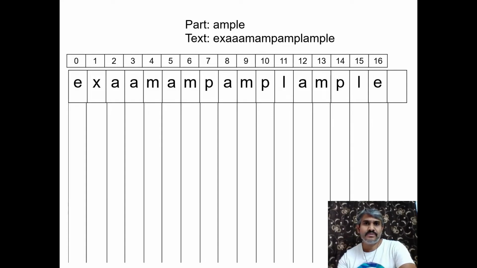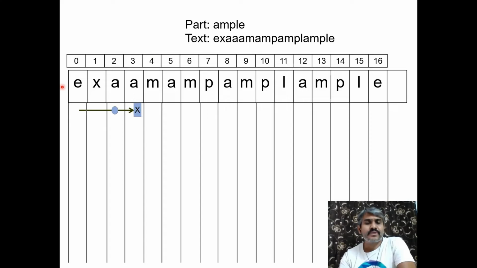So for example, we have a match here with A, but then the next character is not M, and then you have a partial match again over here and then over here and so forth. So a lot of failing partial matches. So let's look at how our implementation actually goes through the text and part, and where it spends most of its time.